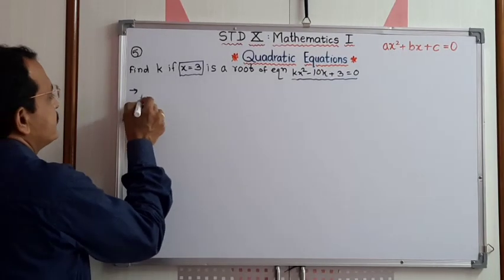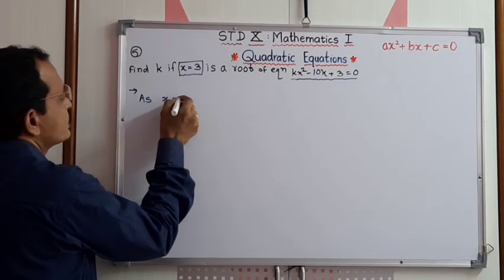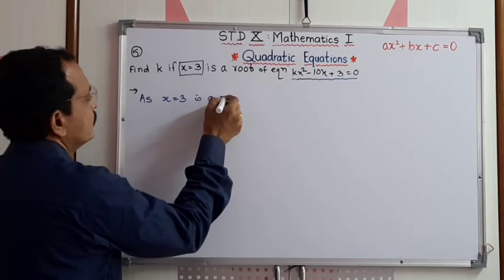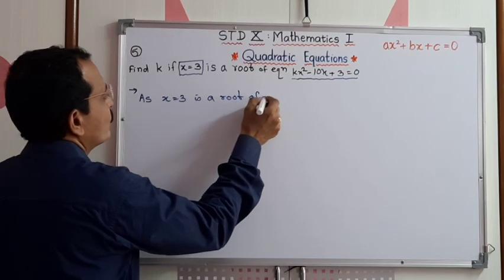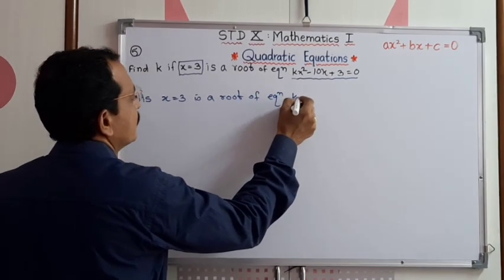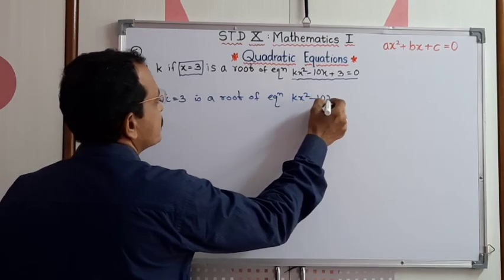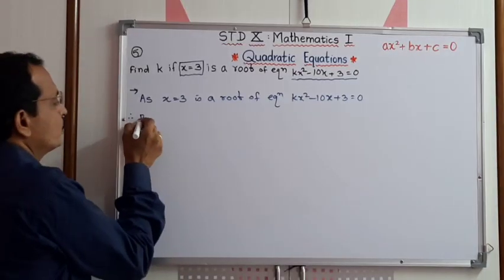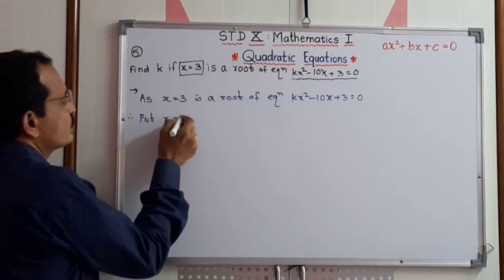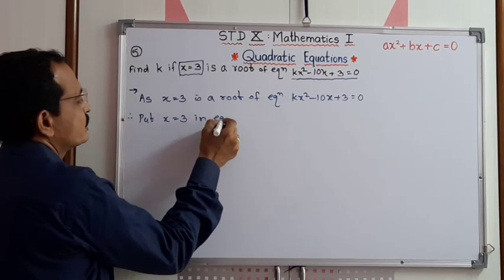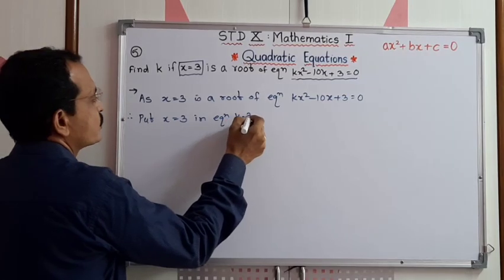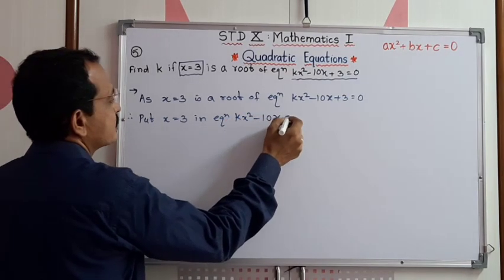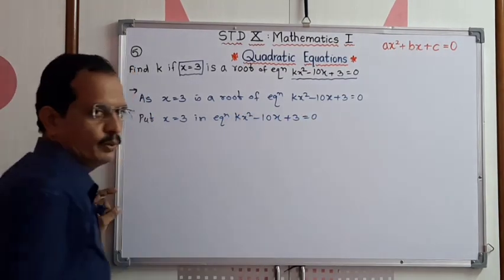As x is equal to 3 is a root of equation kx square minus 10x plus 3 equal to 0, therefore put x is equal to 3 in this equation.